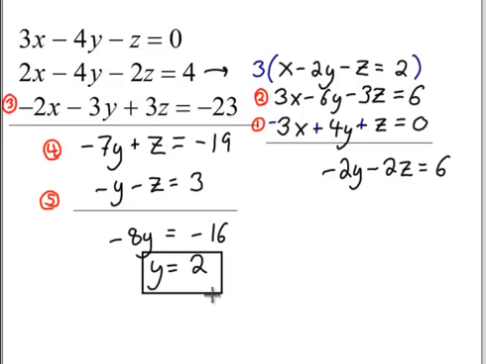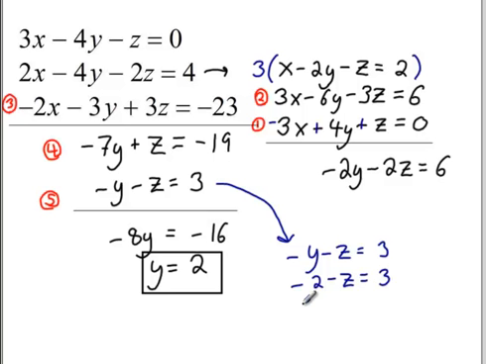Now we're going to use that and solve for the second unknown. So I can solve for z. If I bring this up into this equation, let's bring y is equal to 2. Let's bring this equation down and say negative y minus z is equal to 3. Well, we know that y is 2, so negative 2 minus z is equal to 3.